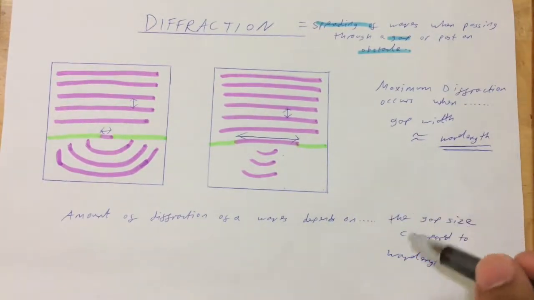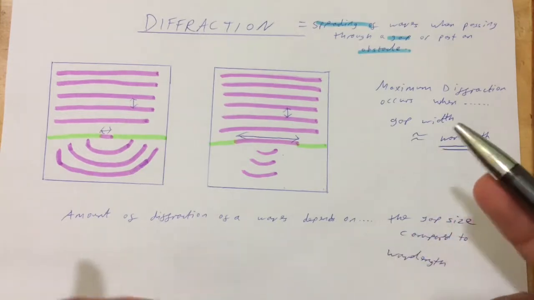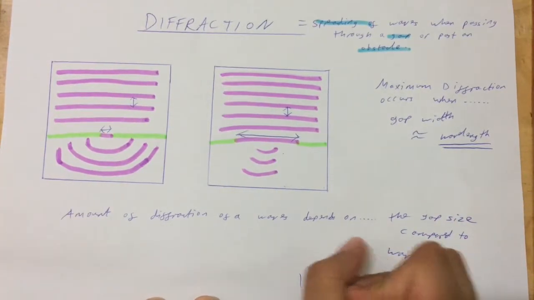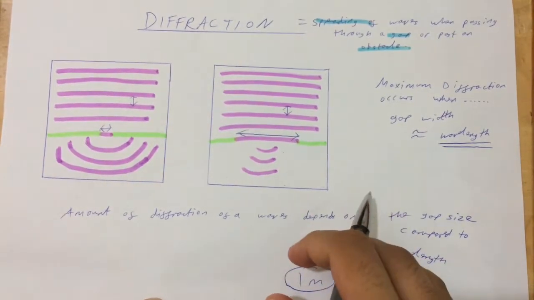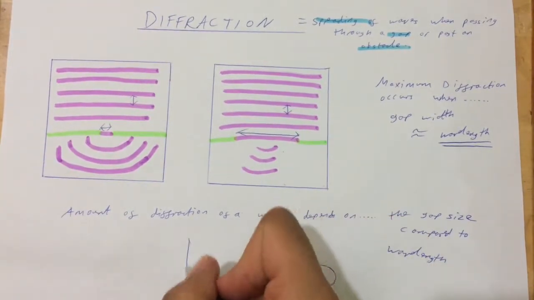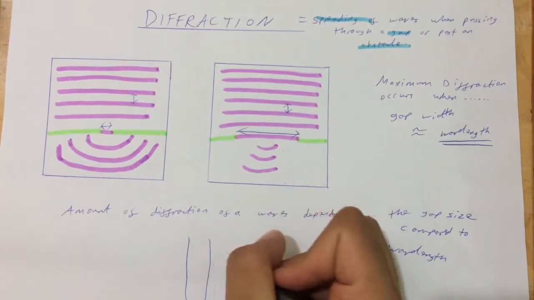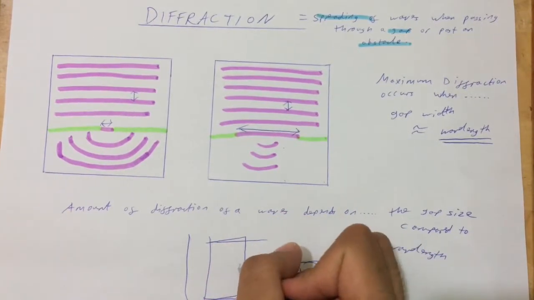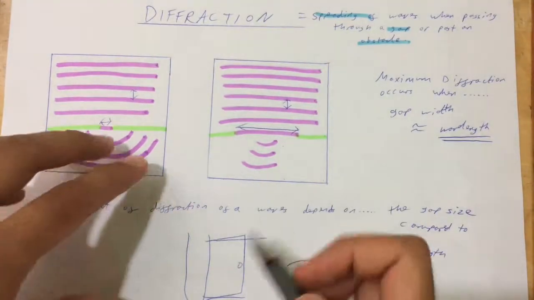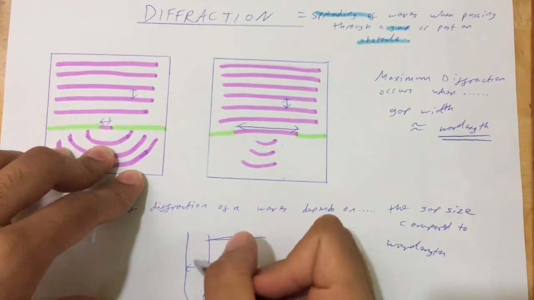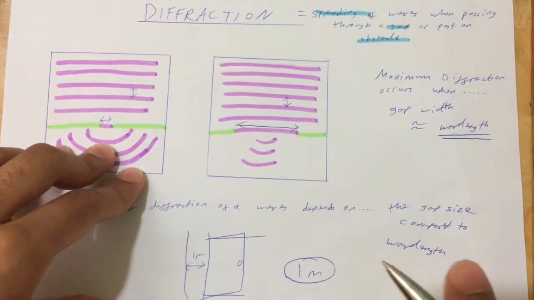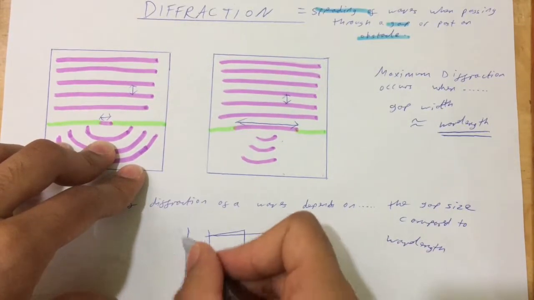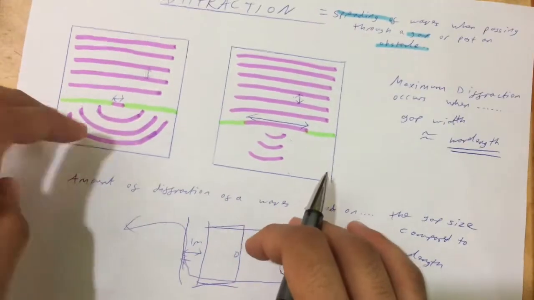A good example of diffraction is sound. Sound has a wavelength of about 1 meter. And if you have a door open, say this is the wall and the door is open, the width of the door is also about 1 meter, and that is how sound can diffract through this gap into other areas.